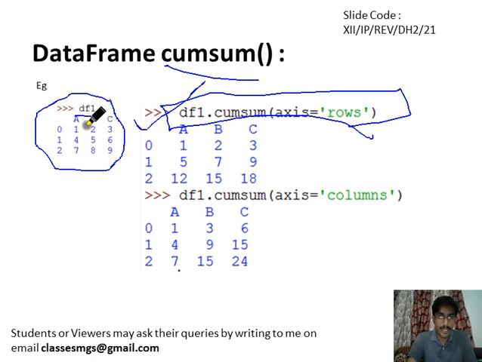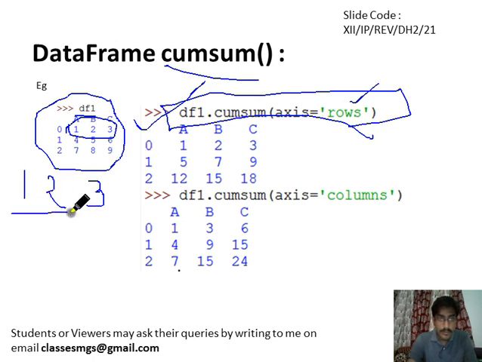df1 is given, A B C is the column index, 0 1 2 is the row index. For df1.sum with axis equals to rows, what will happen? The first row you will pick up like 1 2 3, your base data frame will be this only. So the first row you will write as it is.